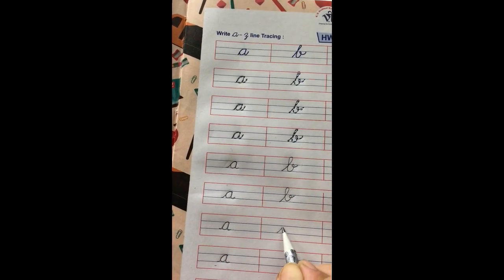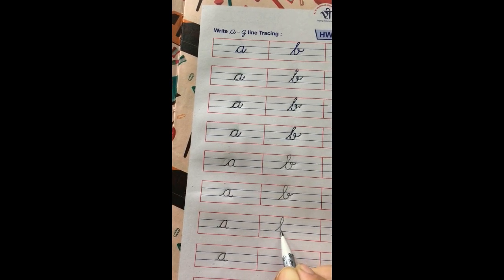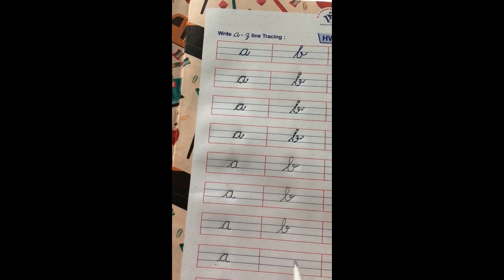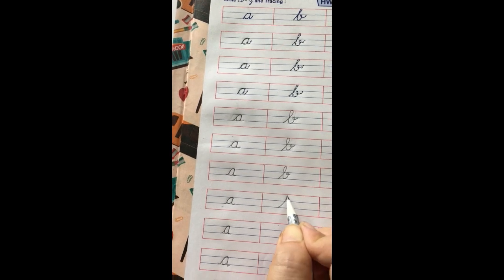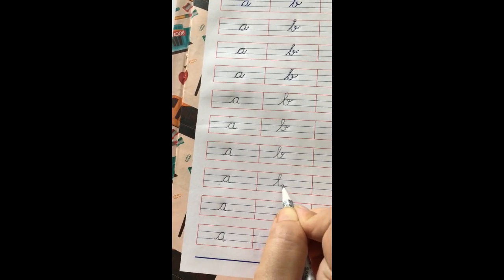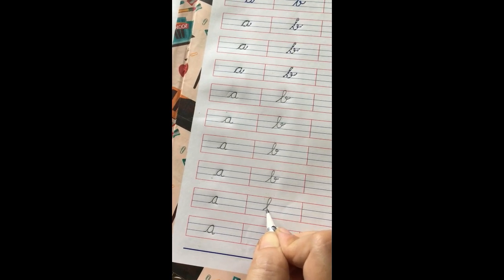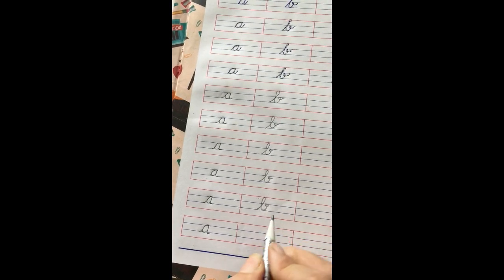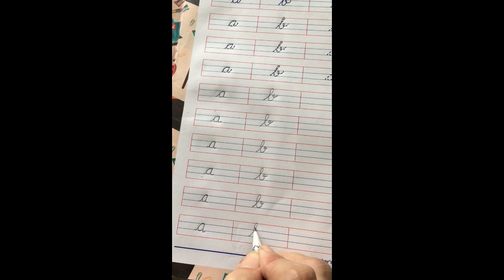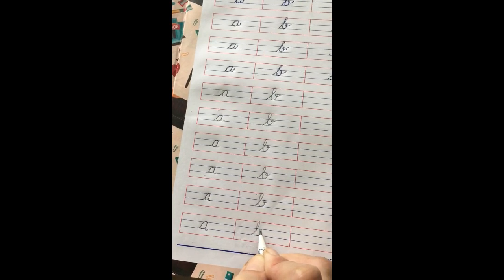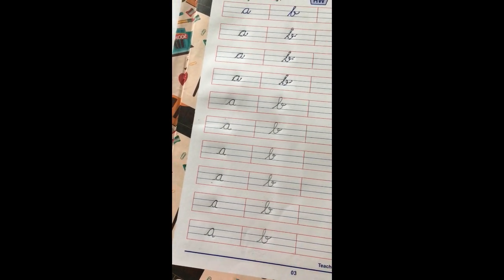Now we will complete this line also in good handwriting. Done. Now B for ball, B for balloon. Complete this line. I hope you understand how to write cursive A and B.